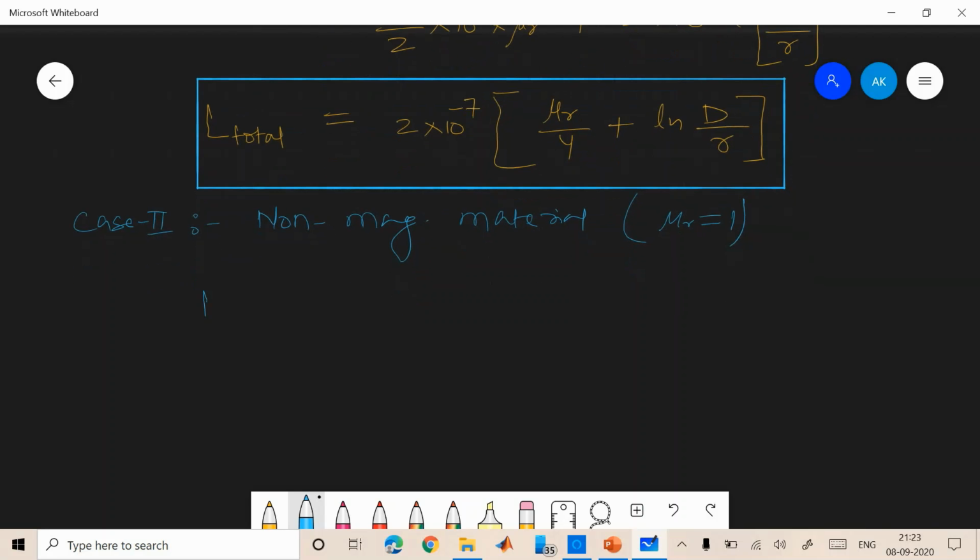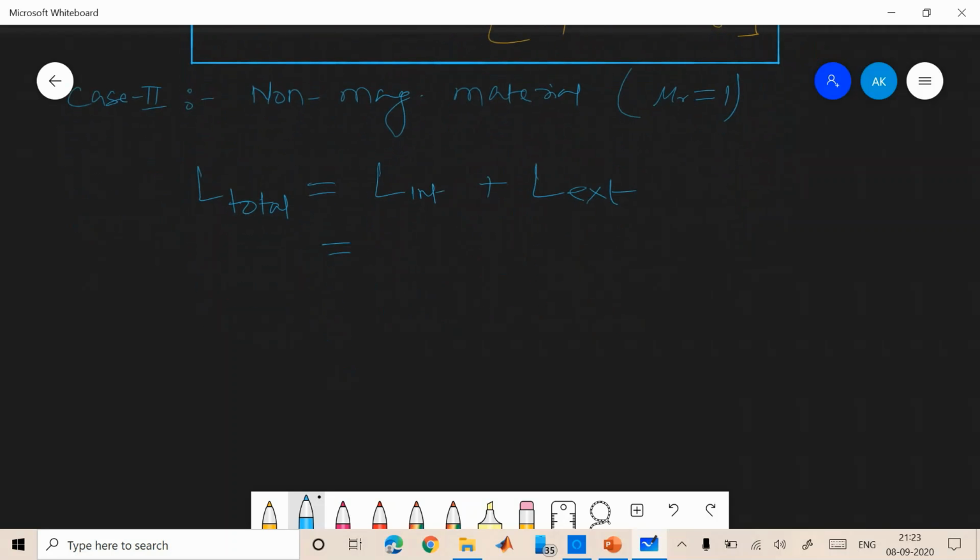So how we will write L total? Simply L total will be the same, a summation of L internal plus L external. On summation you will get 2 into 10 raised to power minus 7 common.